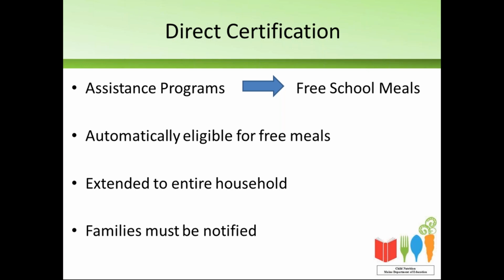Those children receiving benefits from the direct cert list must be existing in the same household. Children found on the direct certification list must still be notified of that benefit in writing or with the phone call mechanism mentioned earlier.